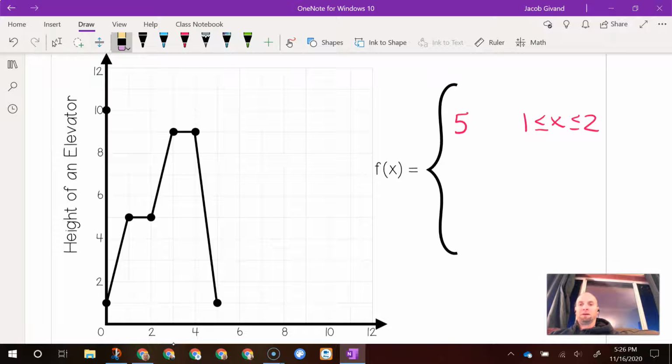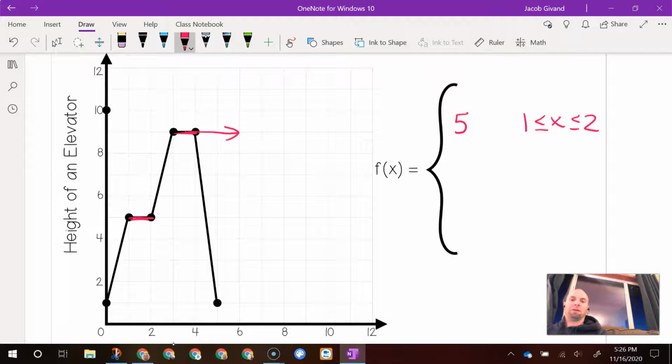Okay, so the first chunk was this one. The second chunk was that flat one right there. The third chunk, we've got to leave some room over here. And the fourth chunk is the one where we can write that really quick. That one is y is always 9. So this one is y equals 9, the same as f of x equals 9.